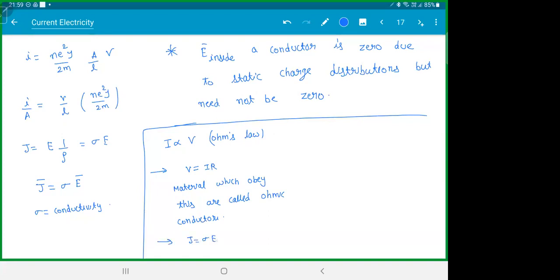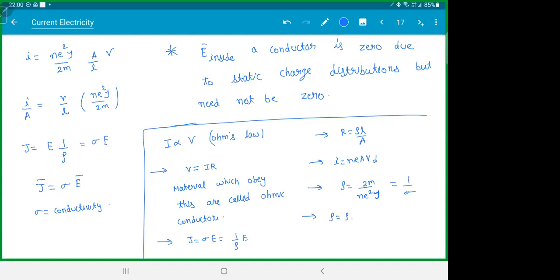J is equal to sigma E, or 1 by rho E. R is equal to rho L by area. I is equal to nEA v drift. Rho is equal to 2m by ne squared tau, which is also equal to 1 by sigma, the conductivity.